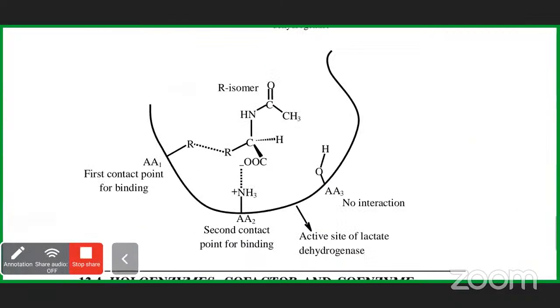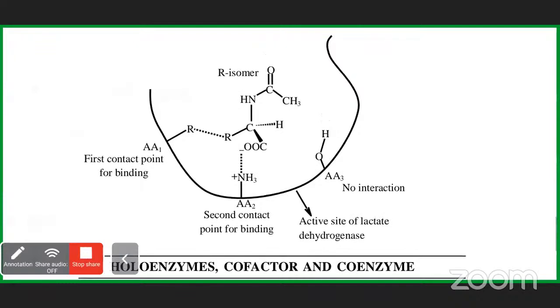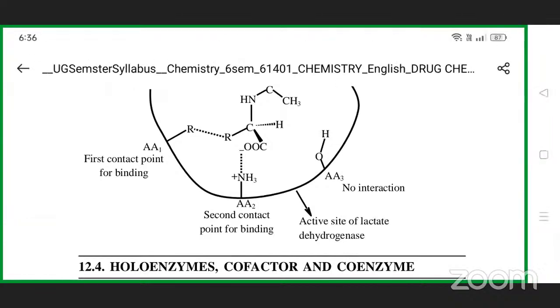Comparing the interactions, the R isomer has only two, the hydrophobic and ionic interactions, and the hydrogen bonding interaction is not present in the R isomer.